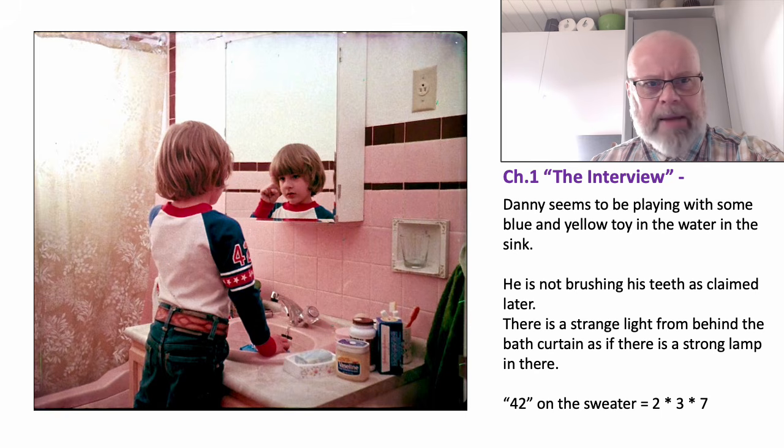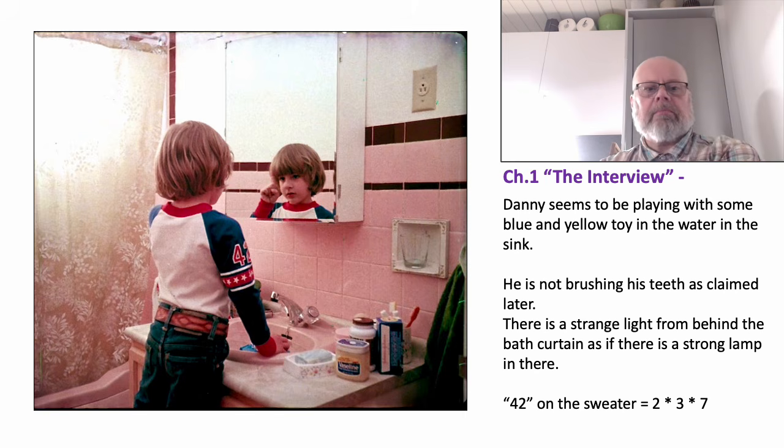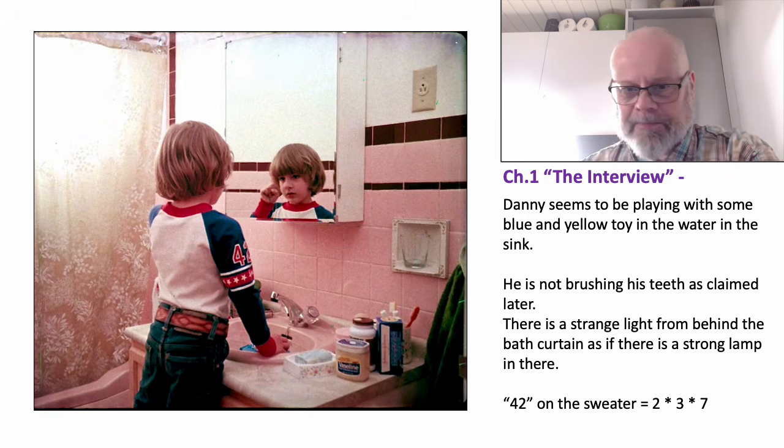There might be a strong lamp, but lamp and water don't go together well, right? 42 on his sleeve. This has been discussed a lot, right? But 2 times 3 times 7 is 42. That's why there's 42 there, because it's a reference to the number 237, which is a room number, right? The famous room 237, right? Okay.